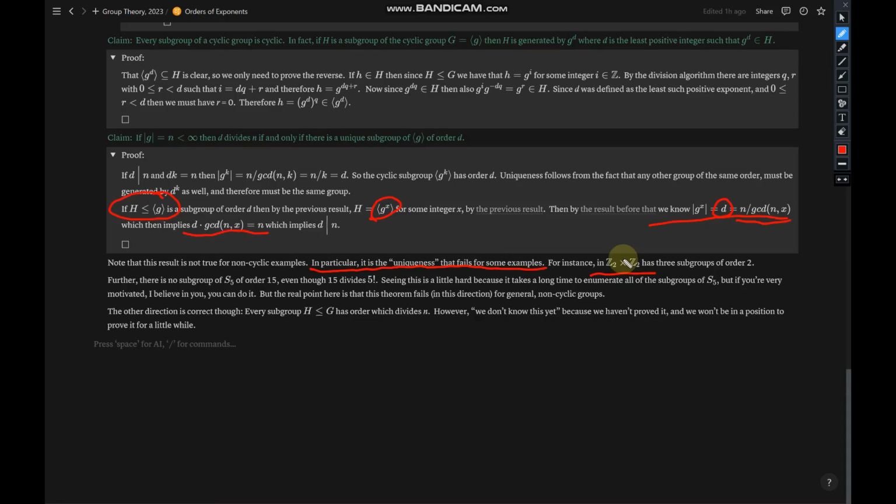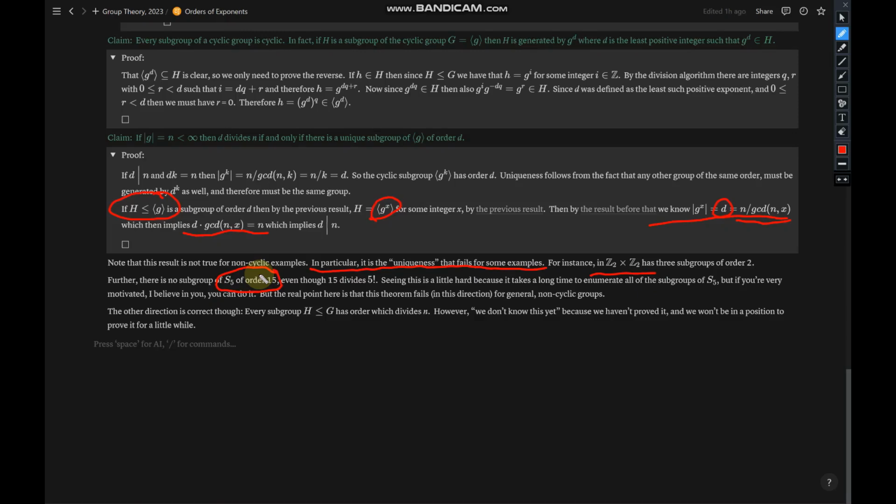That has 3 subgroups of order 2, and you're encouraged to find them all. So uniqueness can fail. Just because 2 divides the order of the group doesn't mean there's a unique subgroup of order 2. But it can fail even worse. Sometimes there's simply no subgroup of that order.